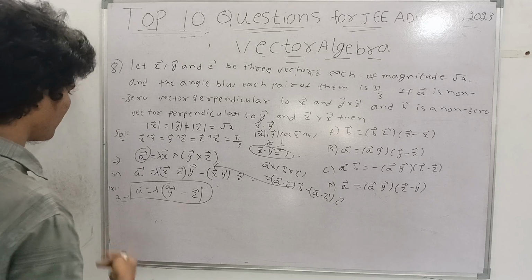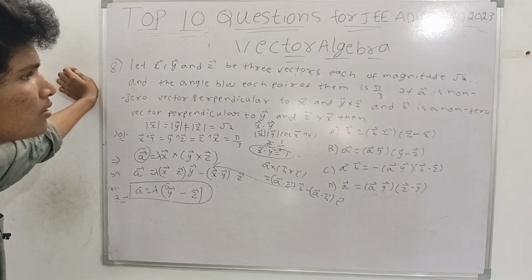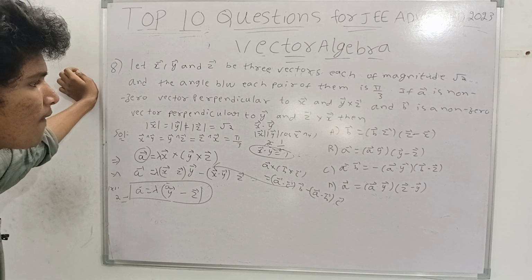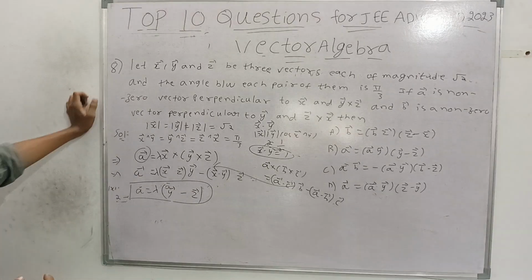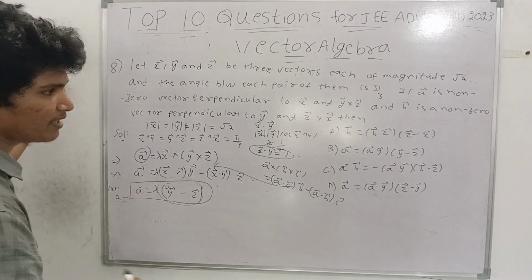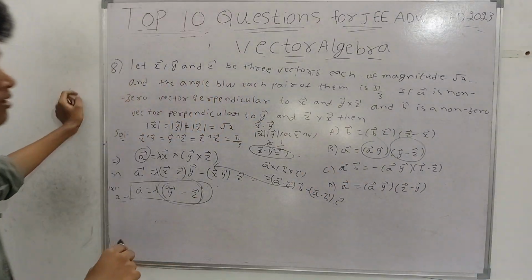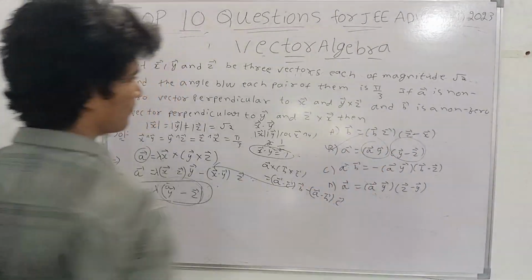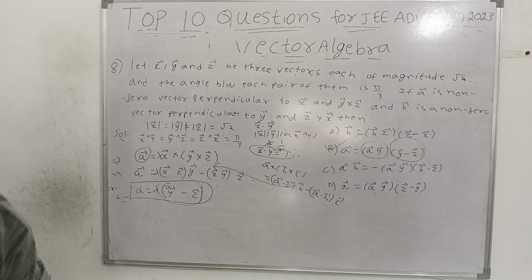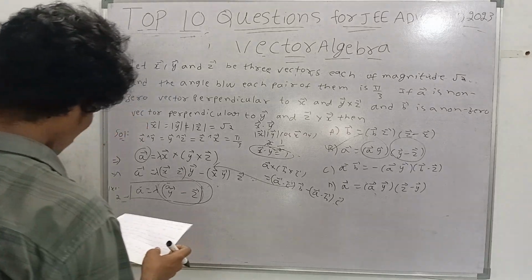We got here y minus z, it is okay, but we have to find the value of a. We got y vector minus z vector. So here there is an answer. This is lambda. So the answer matches B. We can write directly, but we have to check once again.